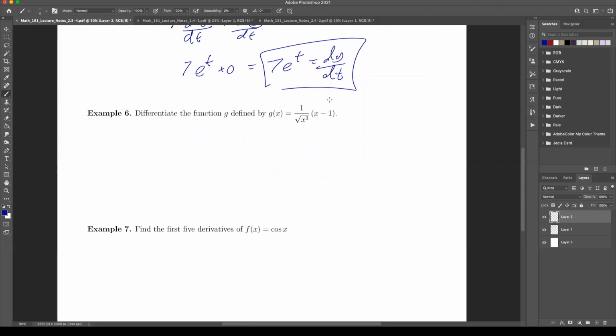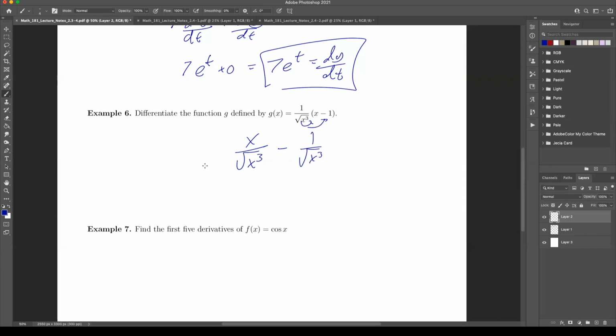So here, if I want to find this derivative, the first thing I want to do is actually just distribute. So here I'm going to distribute the square root of x, and the first thing I'm going to do is just distribute this here and here.